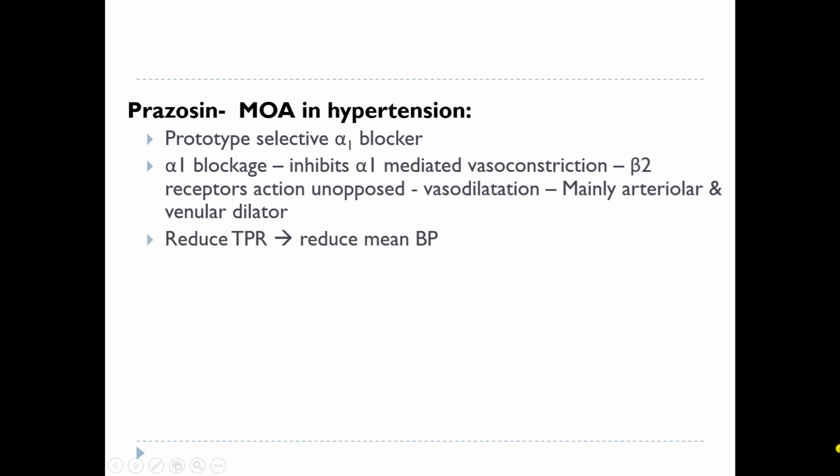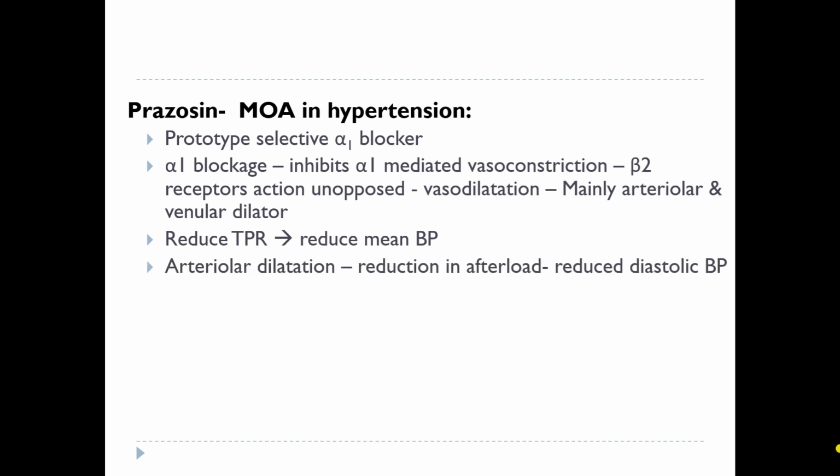Ultimately total peripheral resistance reduces and there is reduction of the mean blood pressure. Arterial dilatation means reduction in the afterload, and they reduce the diastolic blood pressure. Venodilatation means reduction in the preload, with a fall in cardiac output and a fall in blood pressure.